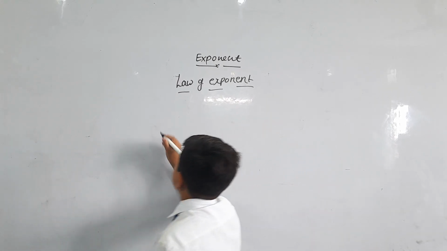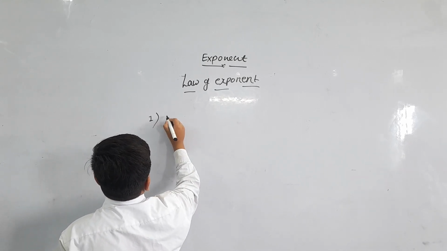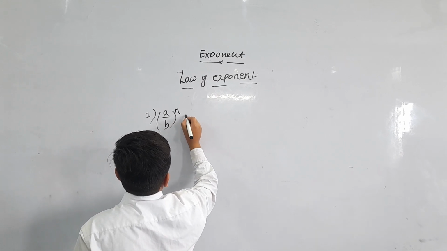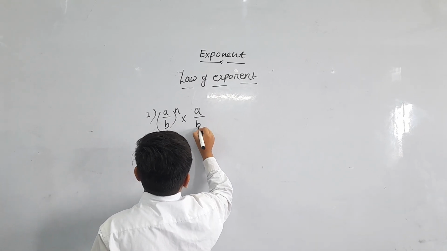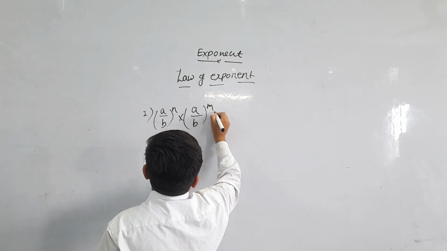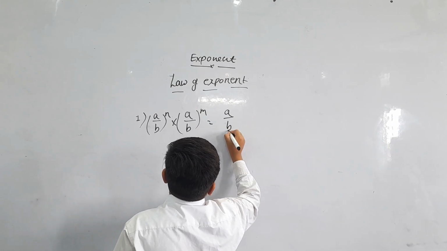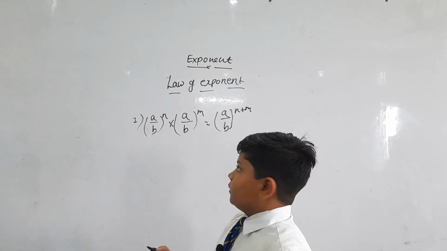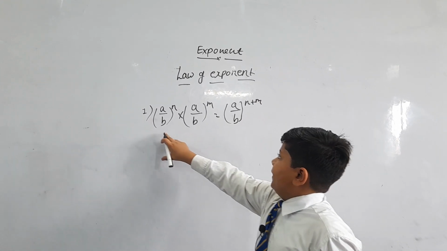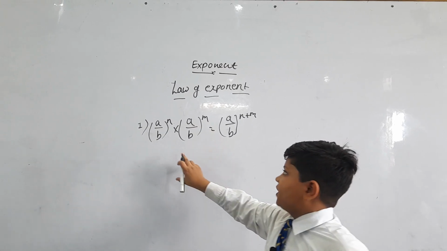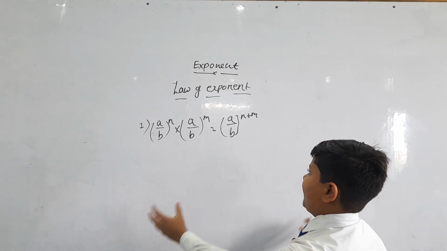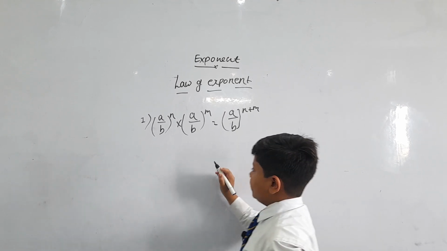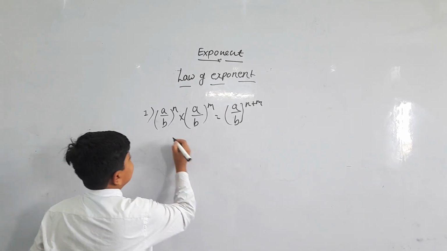The first rule is: when we write numbers whose base is the same and the power is different, and the sign is multiply, we keep the base common and we add the powers. For example, in a numerical.